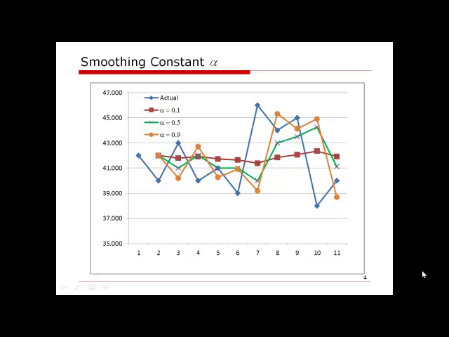Why? Because the smoothing constant alpha basically determines how influential the most recent data will be. When this number is pretty big, it means that 90% of the forecast is contributed by the most recent data. That is why it is very, very responsive.